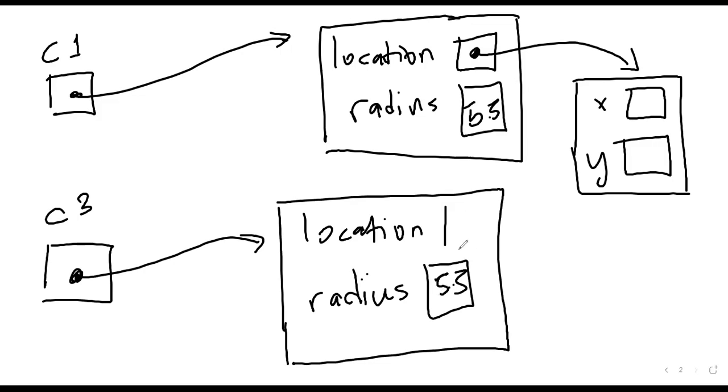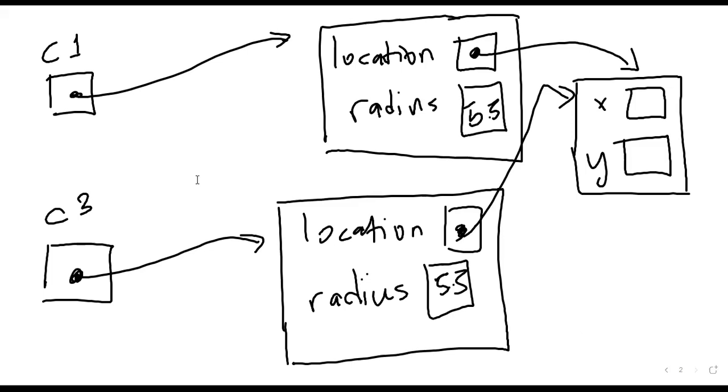Now the location, because of the way we wrote the copy constructor in the circle class, does not refer to a completely separate object. Rather, it refers to the same object that C1's location refers to. So therefore, if I modify C1's location, that also has an effect on C3's location because they both refer to the same object.